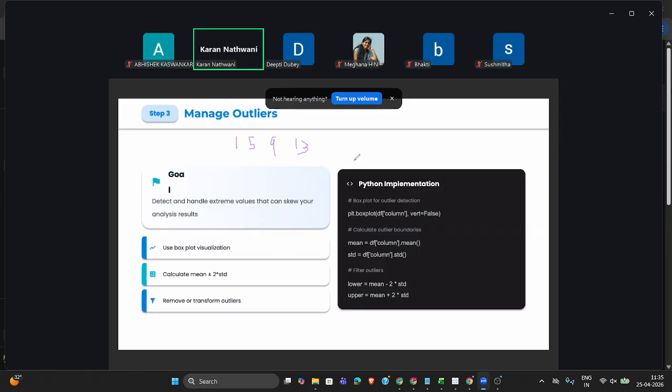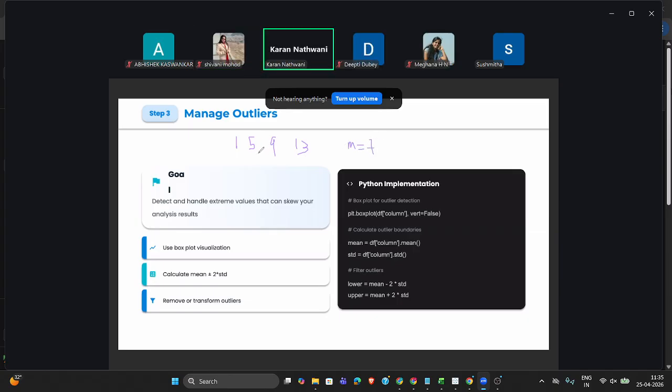It's not that difficult. Mean is 1 plus 5 plus 9 plus 13 divided by 4, correct? What is the mean? 7. Okay. Now how do you calculate the standard deviation?